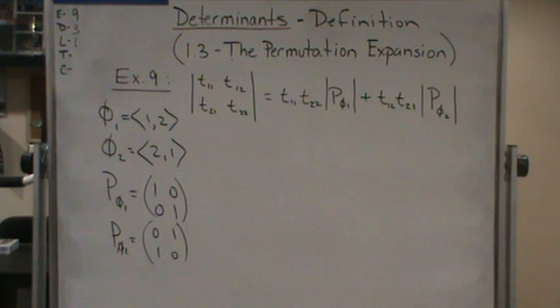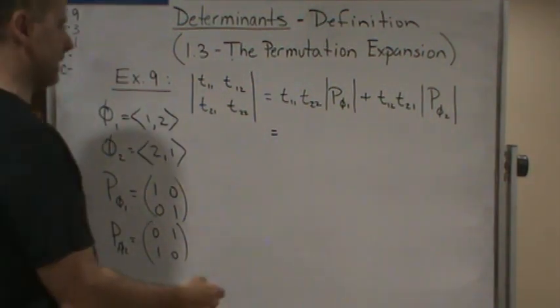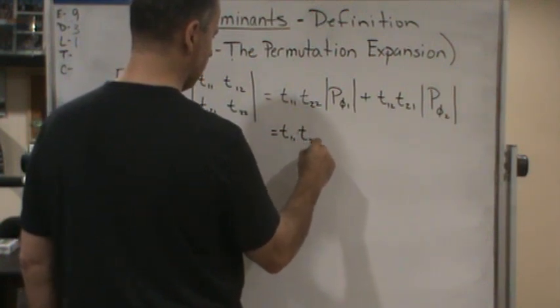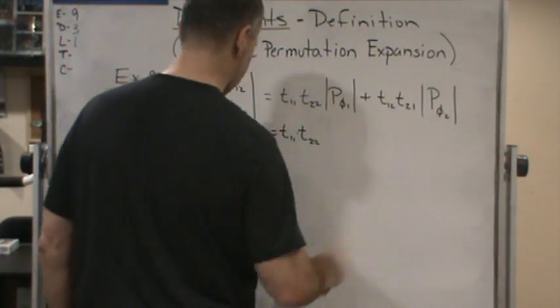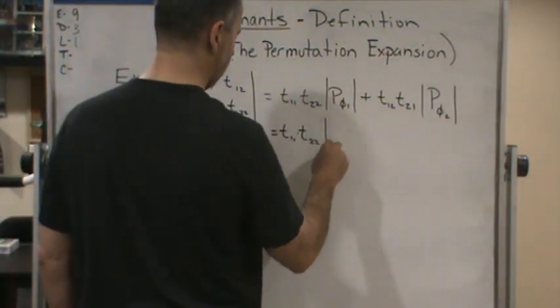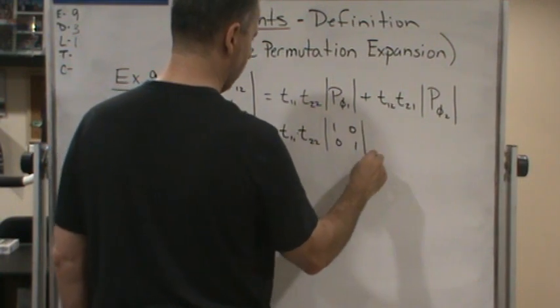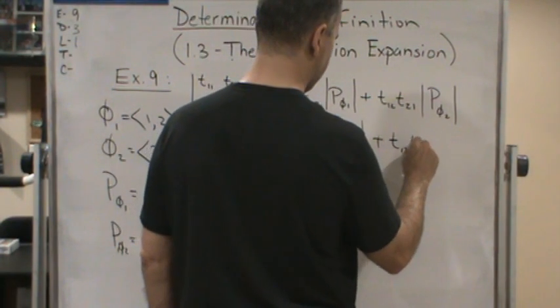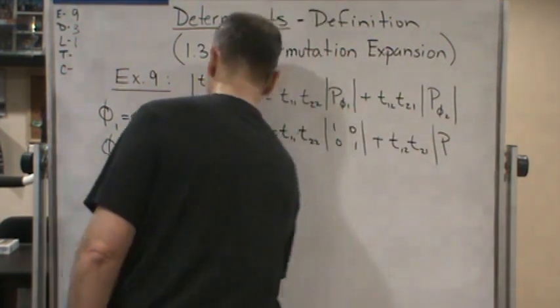Okay, now let's fill it in. So then what is it? It becomes t11 times t22, times the determinant of 1, 0, 0, 1, plus t12, t21 times the determinant of 0, 1, 1, 0.